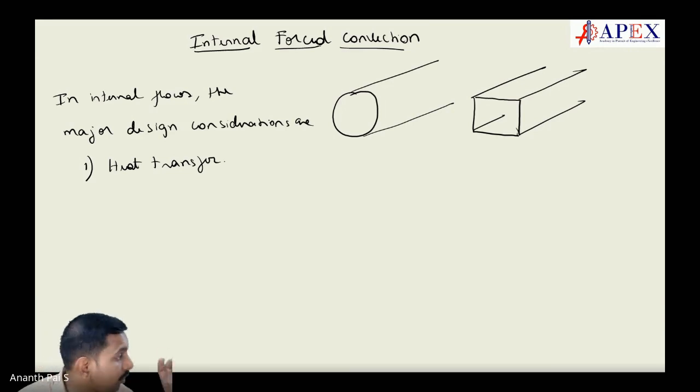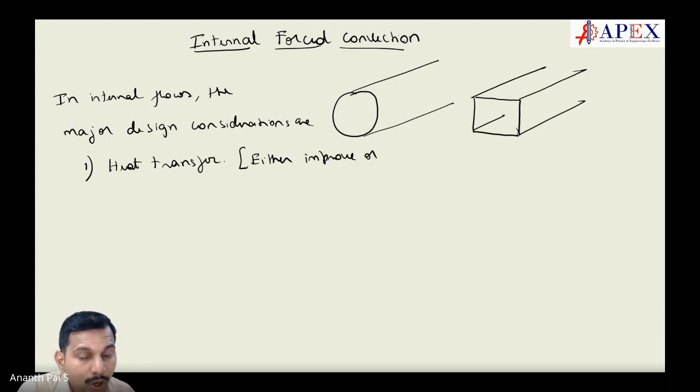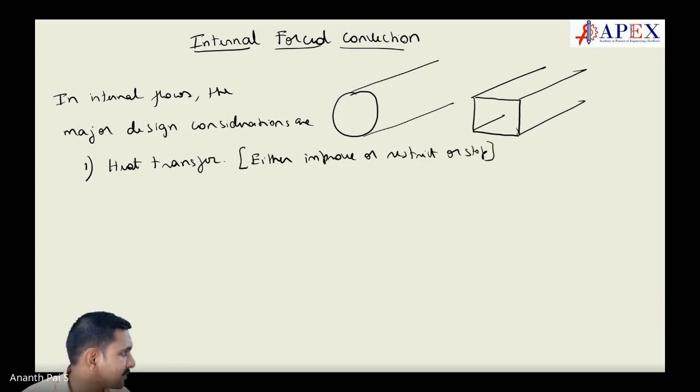That losing of heat should be stopped. So there are two considerations for heat transfer: you can either improve, or restrict, or stop. If you can, we should stop heat transfer, right? Which is very difficult, but still stop.